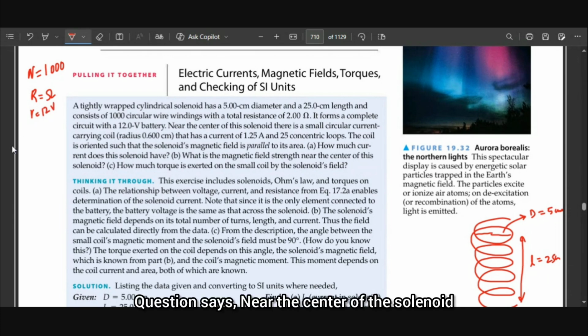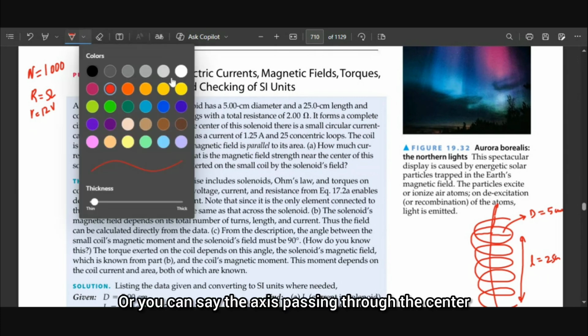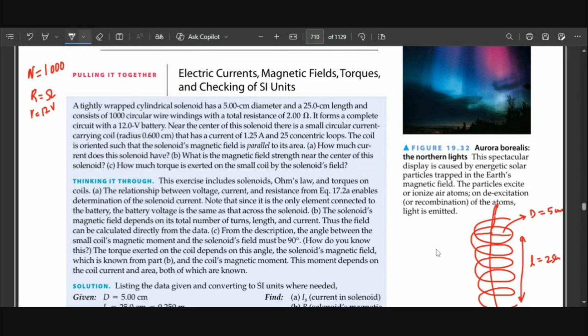Question says near the center of the solenoid there is a small circular current carrying coil. Okay. So at the center, or you can say the axis passing through the center, a 0.6 centimeter radius circular current carrying coil is present.